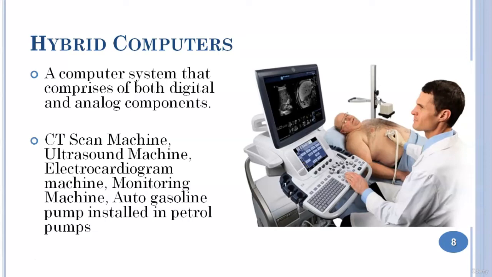So different combinations of these two states of the transistors are used to represent the data in a digital computer. A digital computer may comprise of thousands of or even millions of transistors.